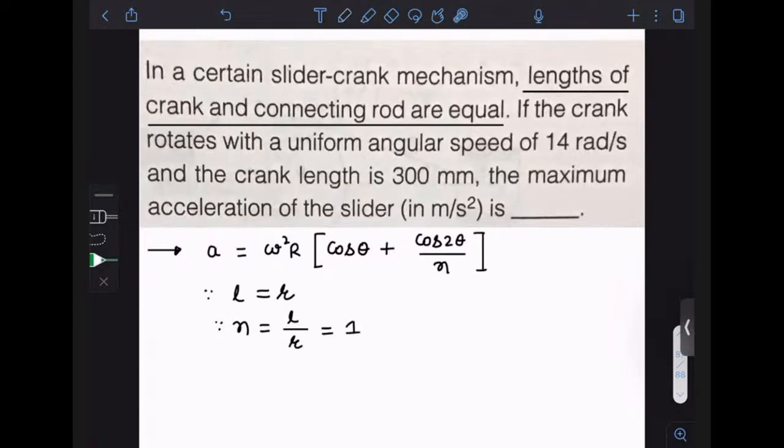We get maximum only when theta is equal to 0 degree, because the maximum value of cos you are going to get when theta is 0, and here also when theta is 0, in sine when the value is towards 90. So always remember, theta is equal to 0 degree for maximum acceleration.